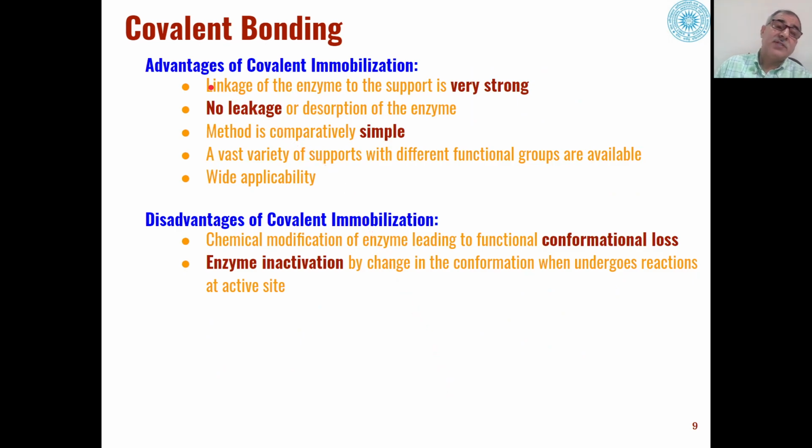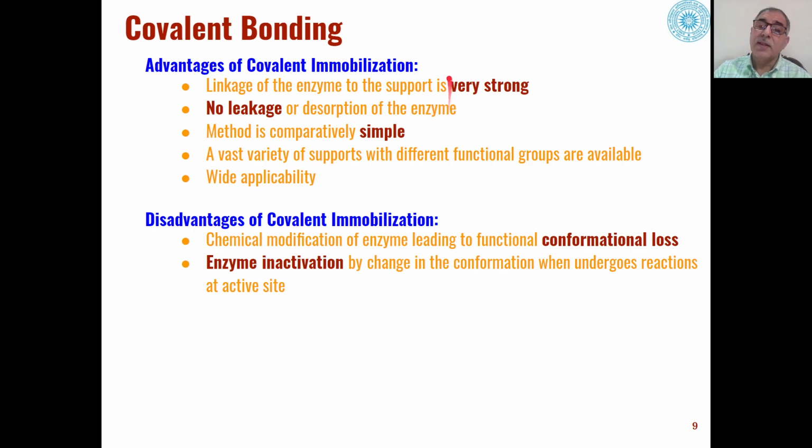Now, as far as advantages of covalent bonding are concerned, in covalent immobilization the linkage of the enzyme to the support is very strong. So when this linkage is very strong, that means the leaching of the enzyme into the reaction solution will be minimum, or there will be no leakage or desorption of the enzyme during the reaction.